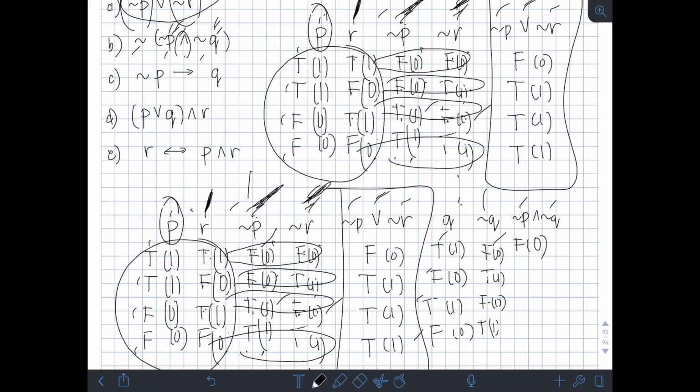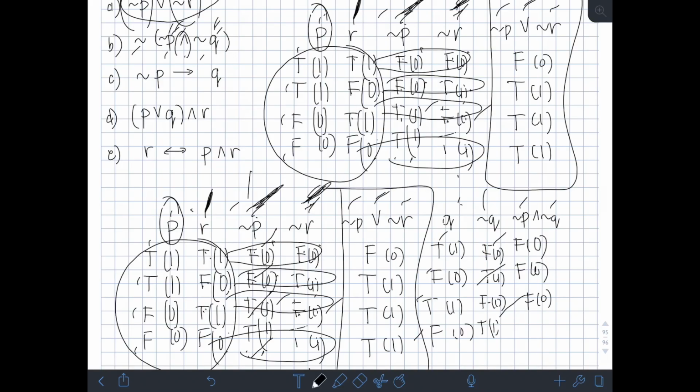So, false. Next, 0 tsaka true. So, 0 times 1 is still 0. So, false. Next, true times 0. So, true times 0 is what? Or 1 times 0. 0 pa rin, right? Any number multiplied by 0 is 0.